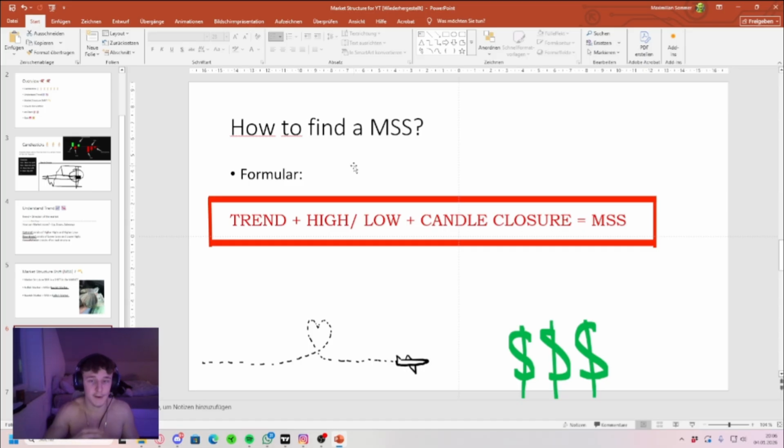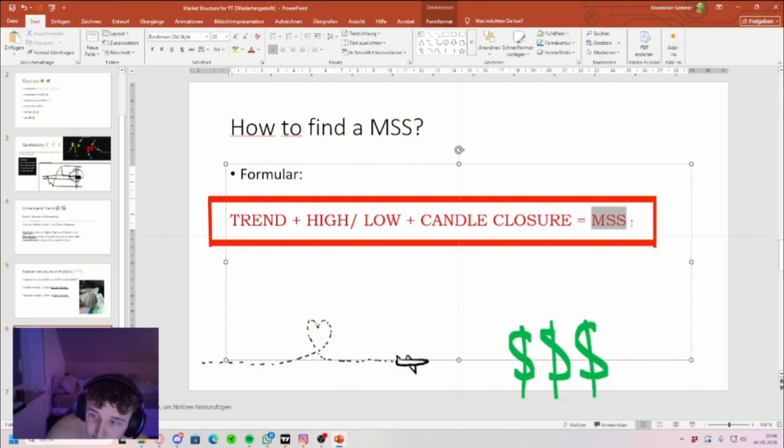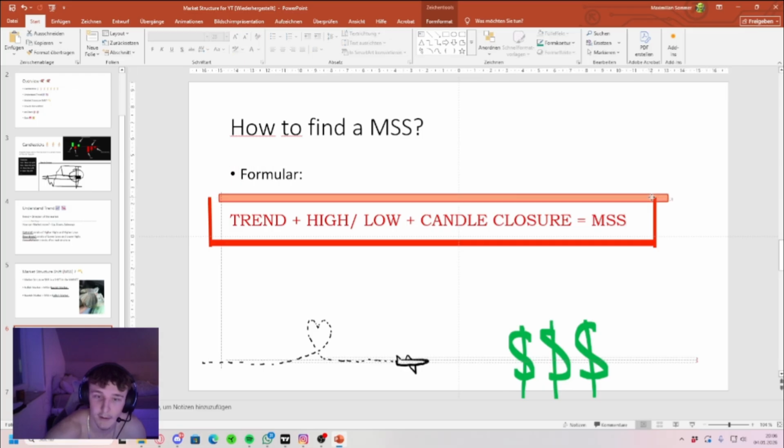Plus a candle closure above or below it. A candle closure above or below that low equals a market structure shift. That's a market structure shift, guys. You found it. Trend plus the most recent high or low plus a candle closure above or below it is a market structure shift. Make your screenshot and put it in your notebook.